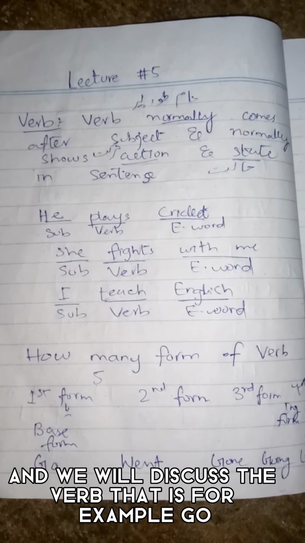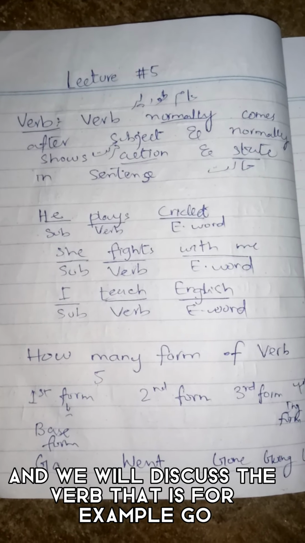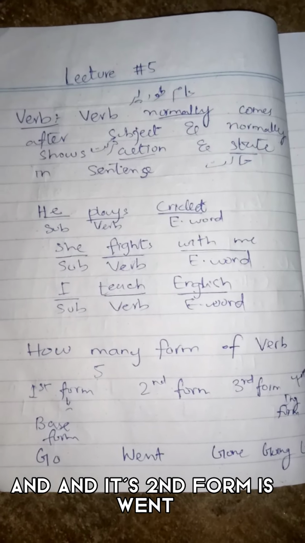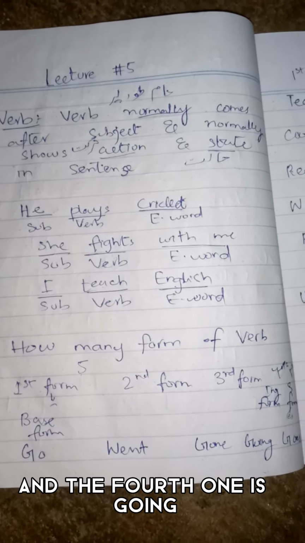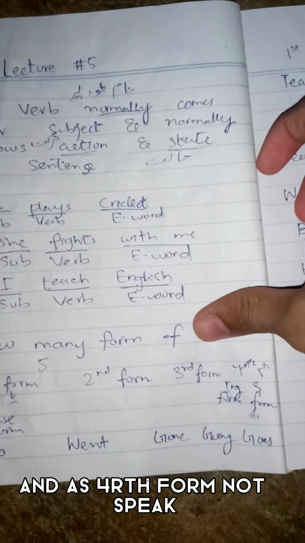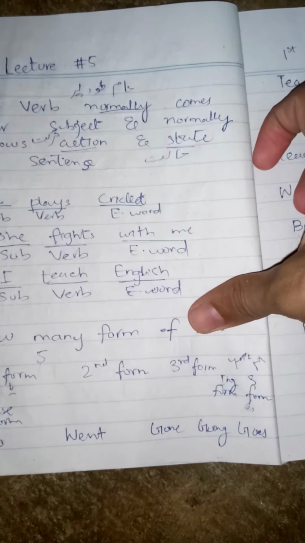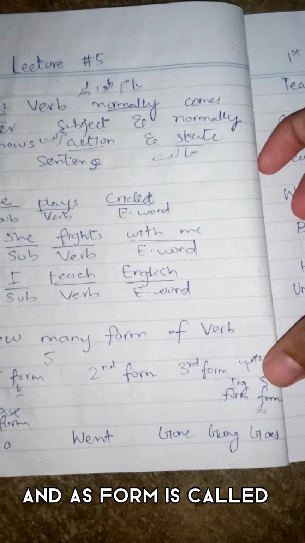For example, the word go: its second form is went, third form is gone, the ing form is going and the s form is goes.